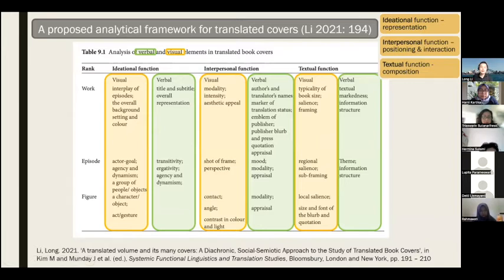So work here refers to the whole cover, and episode is part of the cover, for example, the title or the images of the three women. That's one episode. And then figure is part of an episode, for example, one woman out of the three, or the eyebrow or the eyes, the lips of that woman. So those are the different structural units.